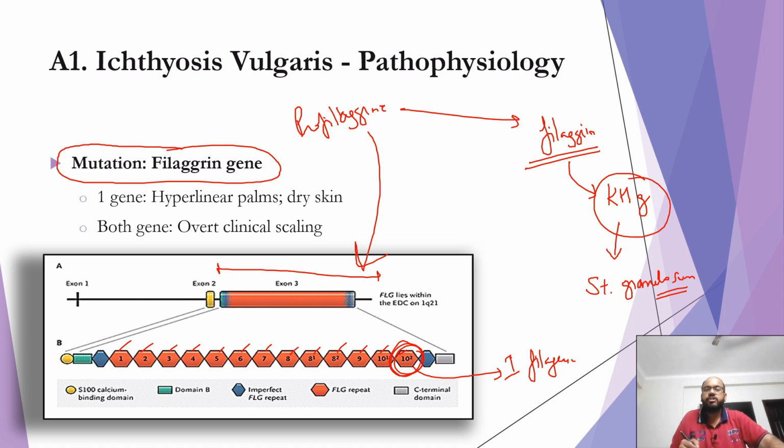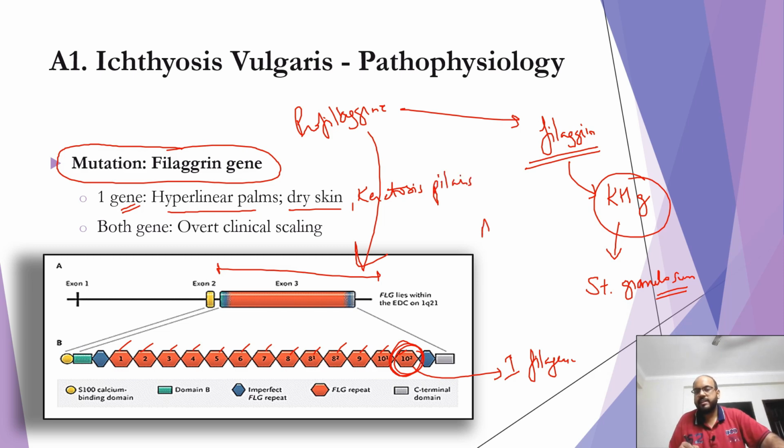So that is nature's way of forming a lot of filaggrin with just one gene. If a mutation happens in the filaggrin gene and one of the genes is mutated, the patient will have only hyperlinear palms and dry skin. Whenever you see a patient with hyperlinear palms or dry skin, or in fact even keratosis pilaris, just remember that the patient has one gene mutated for filaggrin.